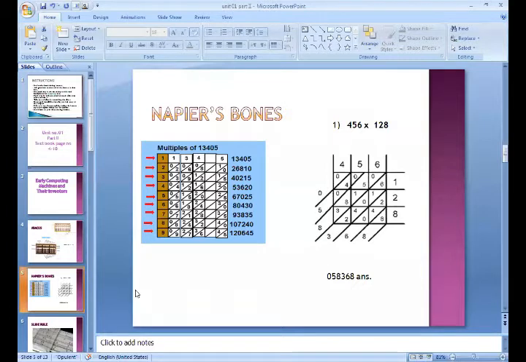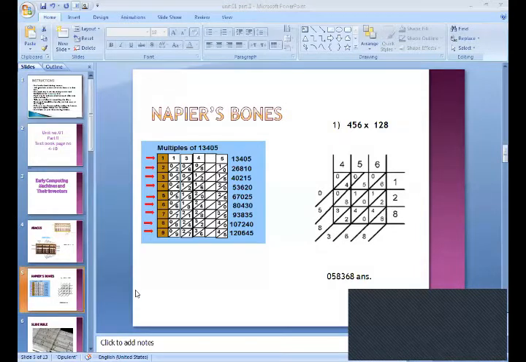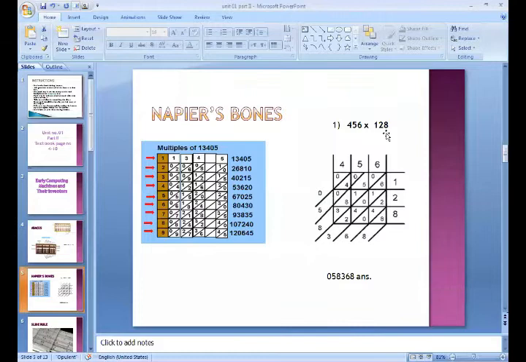How can we add, subtract, and divide with Napier's Bones? You have seen the screen. First question is 456 multiplied by 128. The upper values are 4, 5, and 6, and the lower values are 1, 2, and 8.